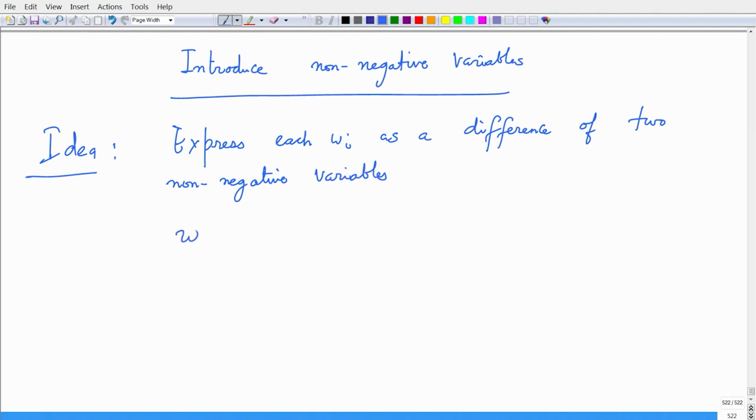So, what I have here is Wi is expressed as Wi plus minus Wi minus, and both Wi plus and Wi minus, both of these are non-negative, that is they are greater than or equal to 0.